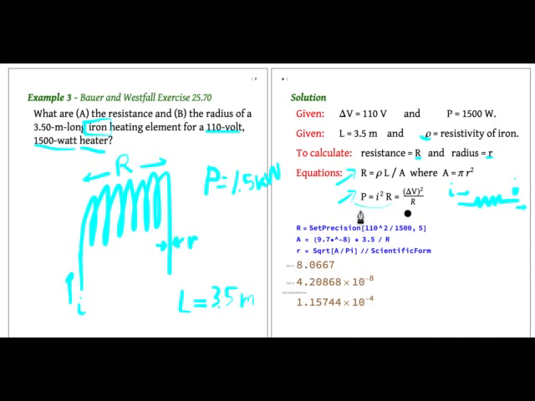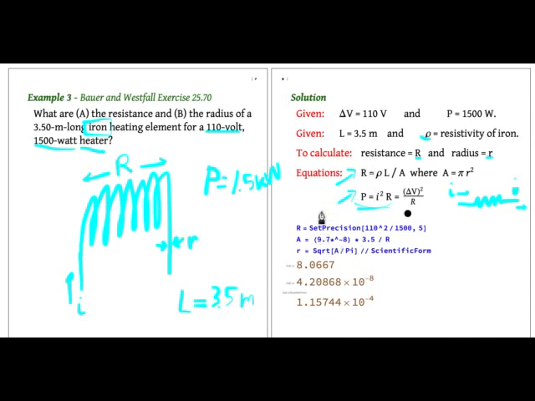You'll find that by reading the textbook. All right, so now you have to put all these equations together to calculate R and rho. But you see, you have two unknowns and two equations, so you should be able to find the answer.